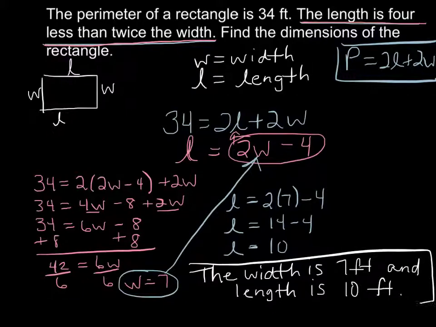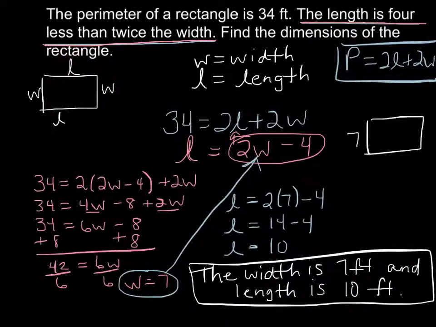Okay, I just want to double check this. So in my rectangle, I'm going to draw my rectangle again here. This would be 7, this would be 7, this would be 10, this would be 10. So I have 7 plus 7 is 14 plus 10 plus 10 is 20.